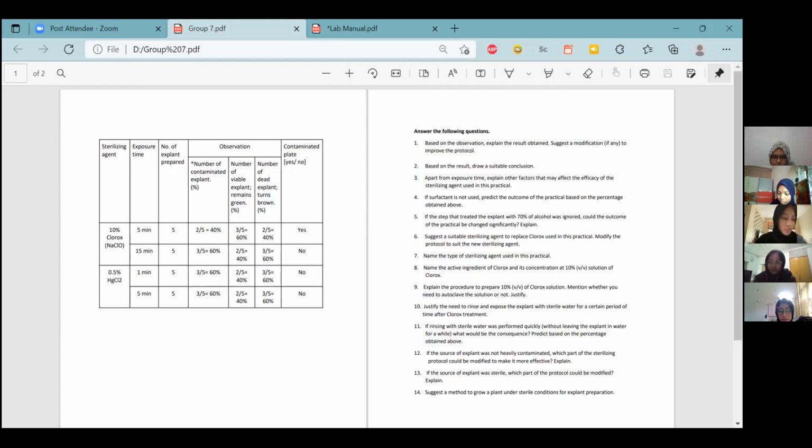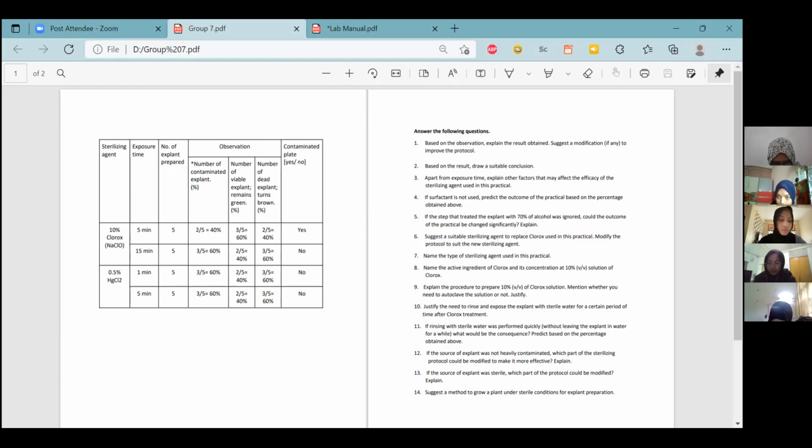For number 6, the question is to suggest a suitable sterilizing agent to replace Clorox used in this practical, and modify the protocol to suit the new sterilizing agent. If we replace Clorox, we can use 9 to 10% calcium hypochlorite. Calcium hypochlorite is usually available in powder form, so we need to dissolve it first and then filter the solution before using it for sterilization.